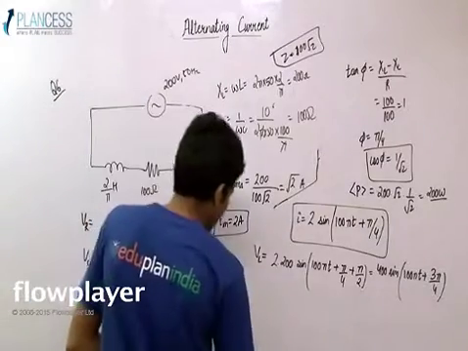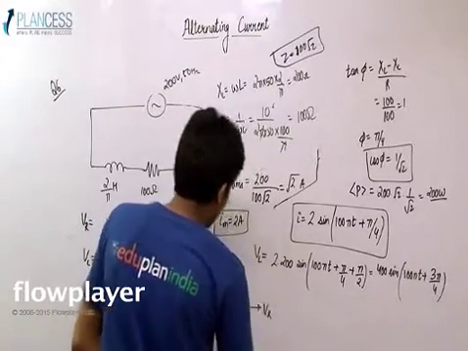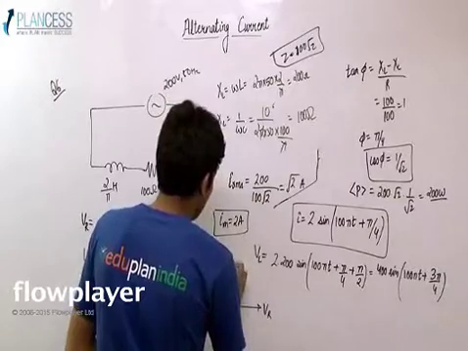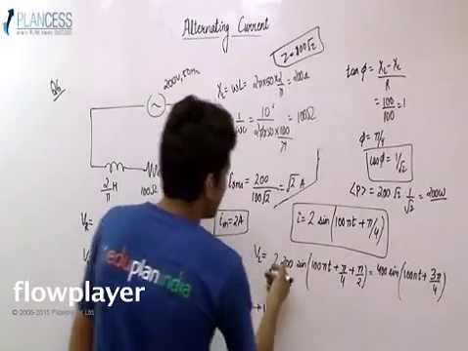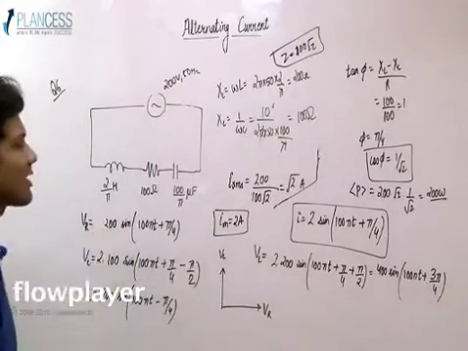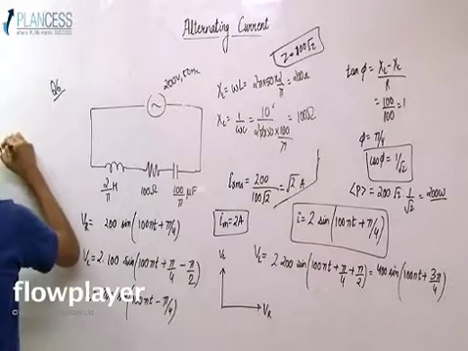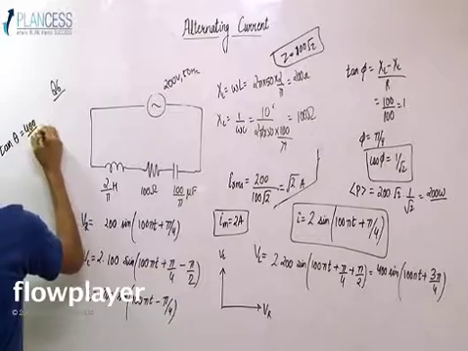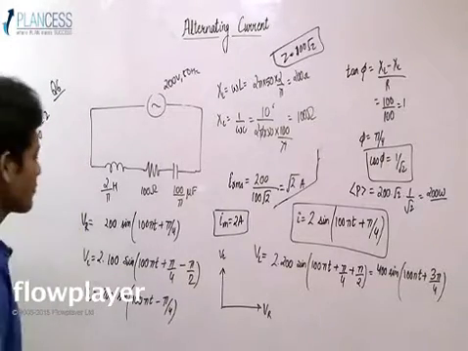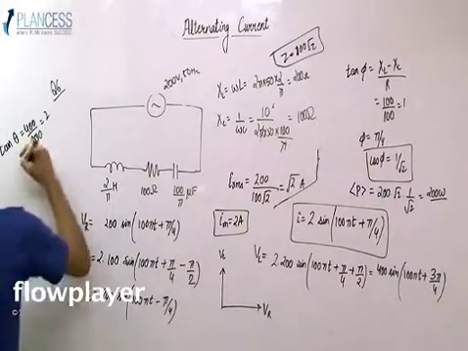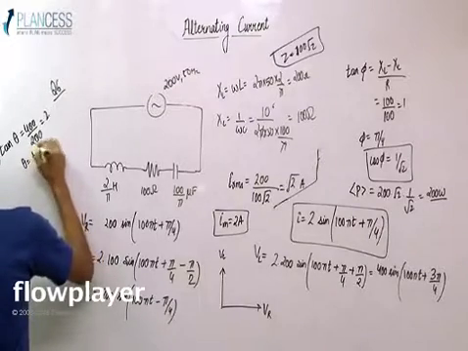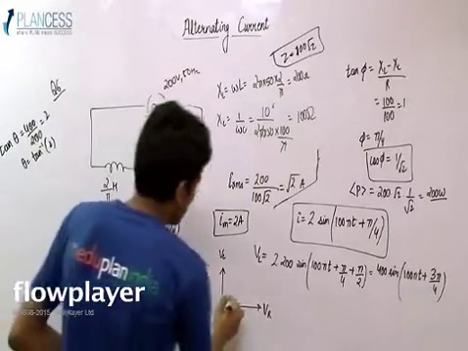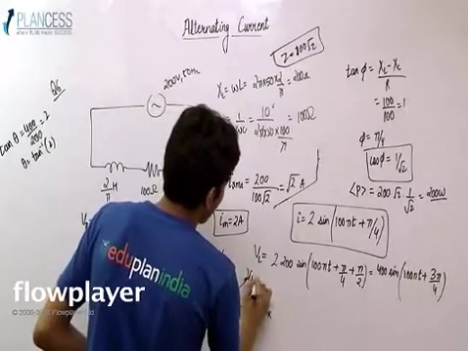Let's say this is VR, this is VL. You calculate the maximum: VL maximum is 400 and VR maximum is 200. So you can say tan θ is 400 upon 200, which is 2. So θ comes out to be tan inverse of 2. So here would be your VLR.